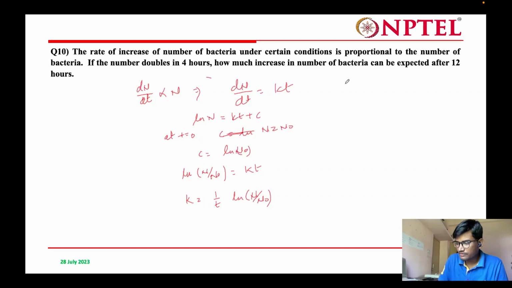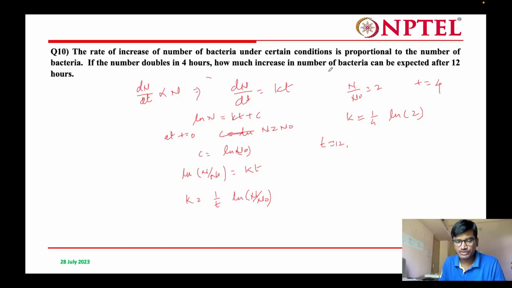Now given N by N naught is equal to 2 doubles at t is equal to 4. So k is equal to 1 by 4 ln 2. Now at time 12 hours, how much is N by N naught?